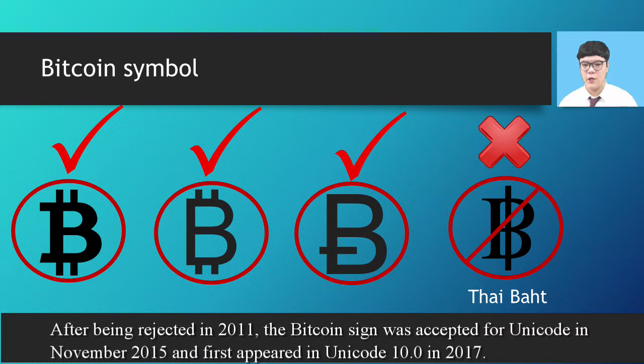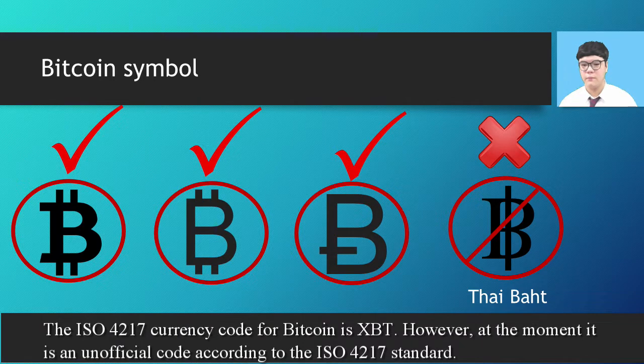After being rejected in 2011, the Bitcoin sign was accepted for Unicode in November 2015 and first appeared in Unicode 10.0 in 2017. The ISO 4217 currency code for Bitcoin is XBT.